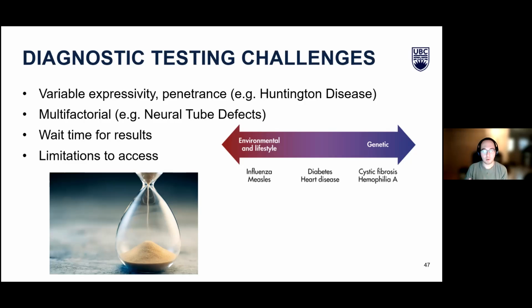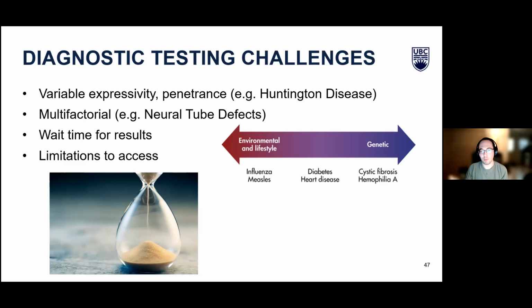What penetrance means is essentially that in some genetic conditions, even if you have that genetic mutation, sometimes it means that you won't actually develop the disease associated with that mutation. So for Huntington disease, some people who do have the genetic mutation that we would typically associate with developing Huntington disease later on in life, some people don't actually end up developing the disease at all.